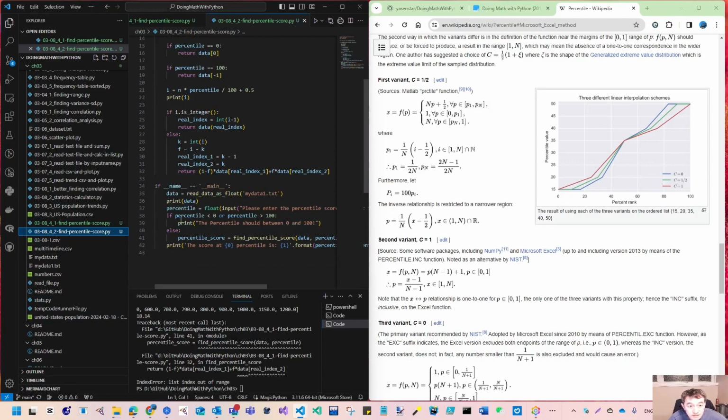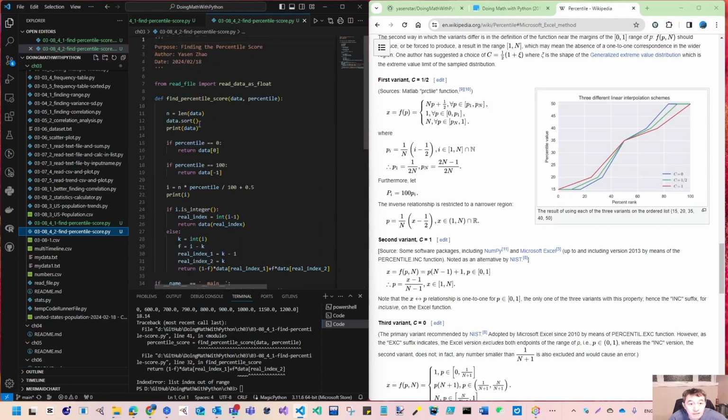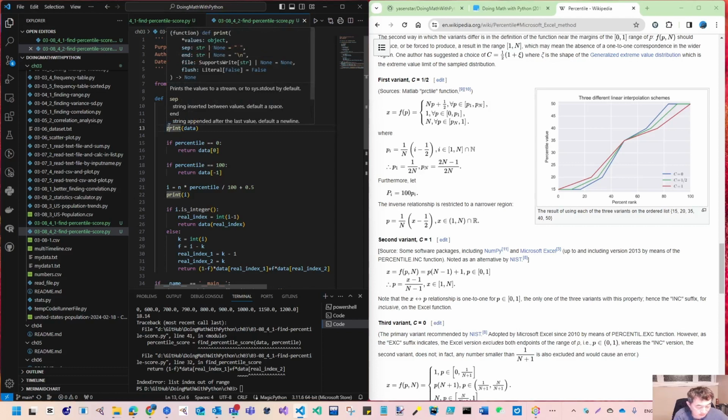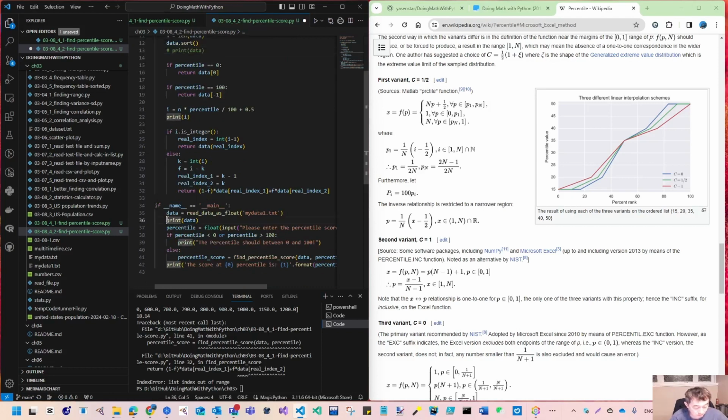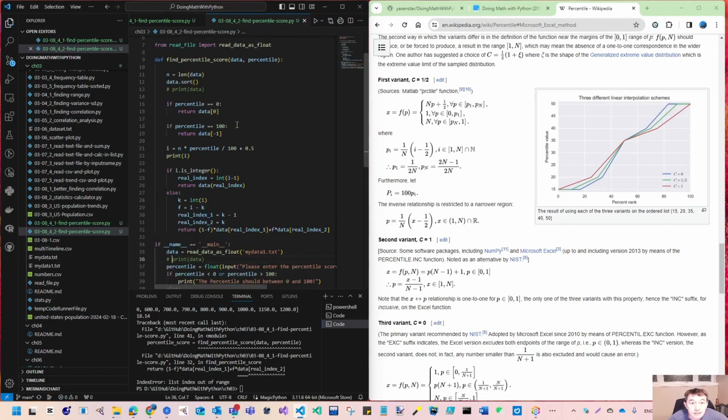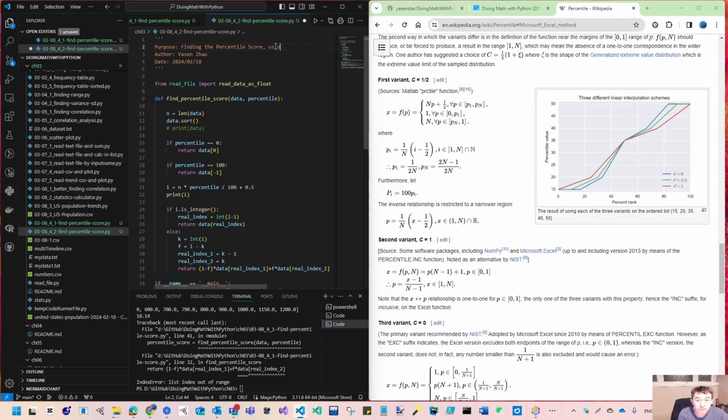We still need to check 0 and 100. Here we have our n, and this data with sort. Now let's comment this, we don't need the sorted, and let's also not have this one. Here we use the NumPy Excel approach.